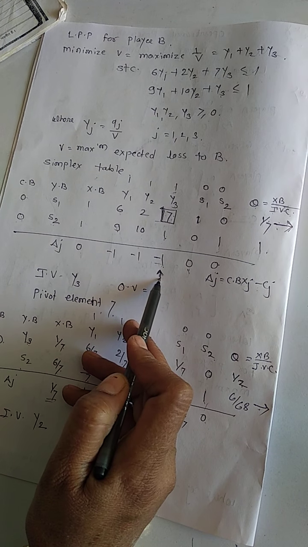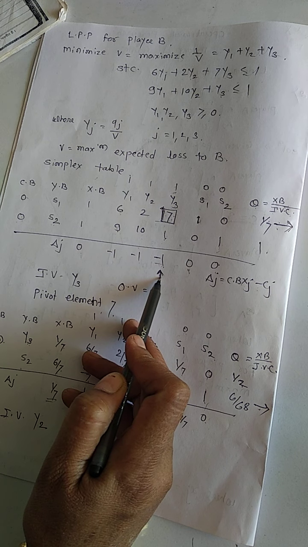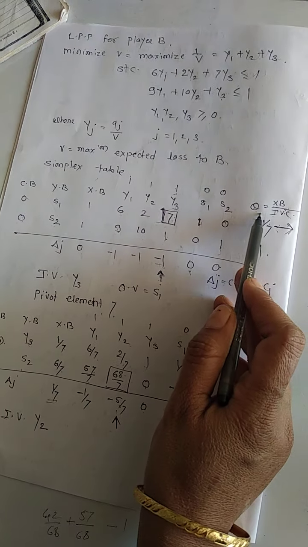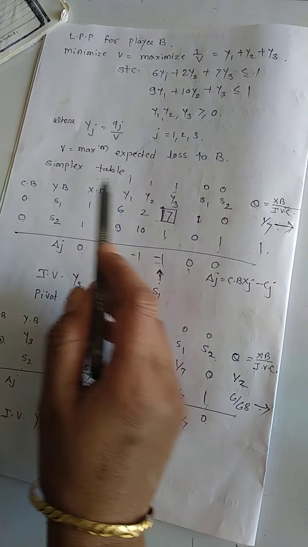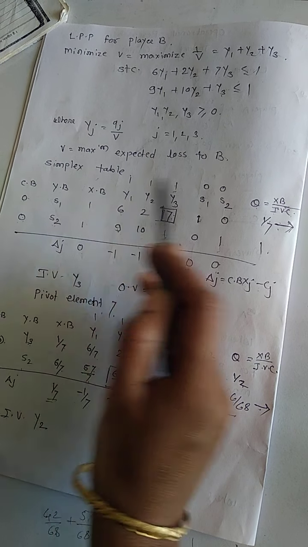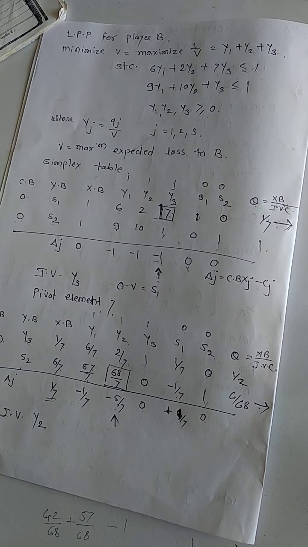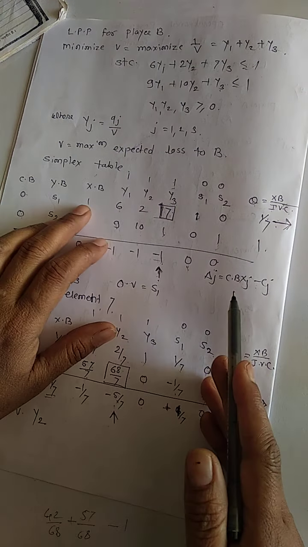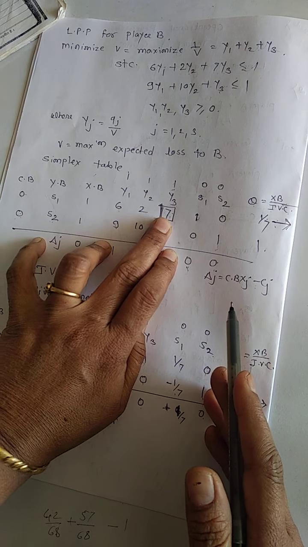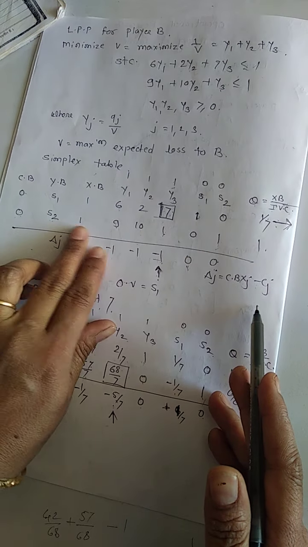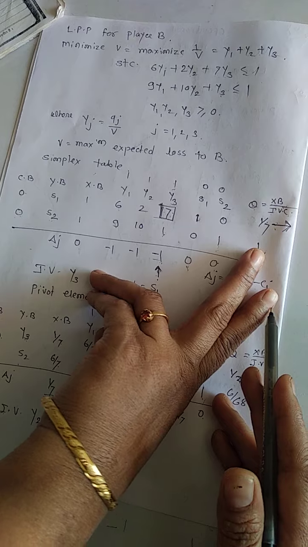Here y3 is the incoming vector, and then find the value of Q. Q is equal to XB upon the incoming vector column. XB means this column. Then find this value: 1 upon 7, that is 1 by 7, and 1 upon 1, here 1.